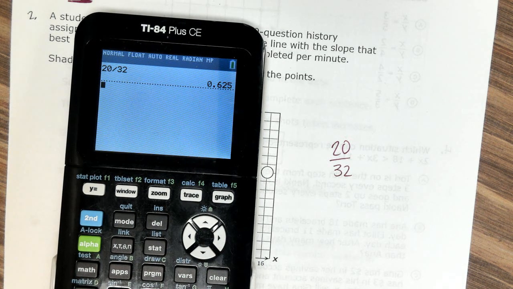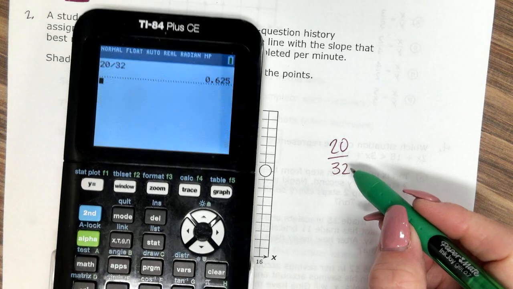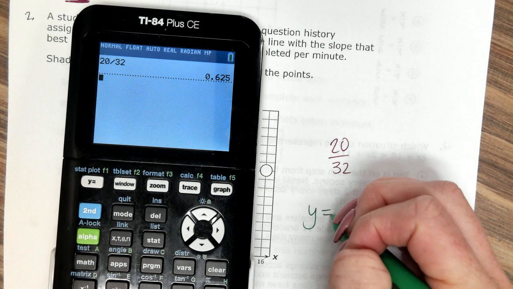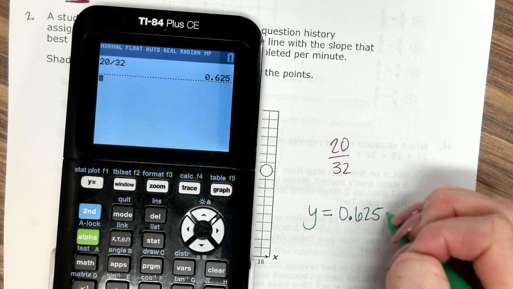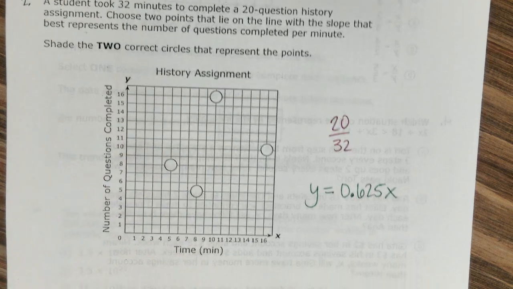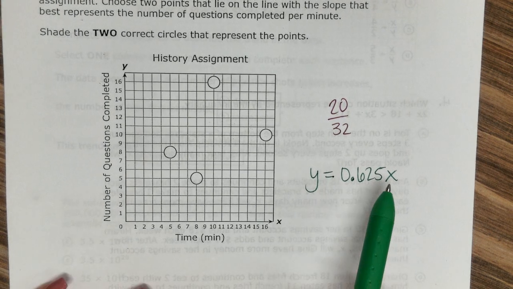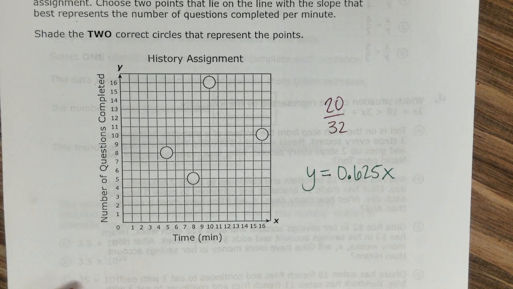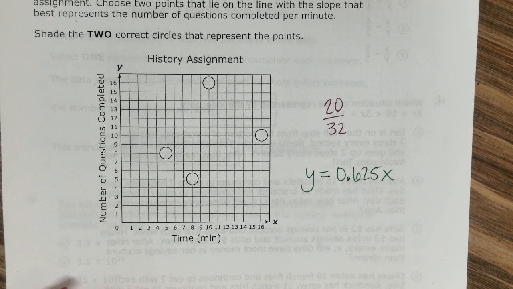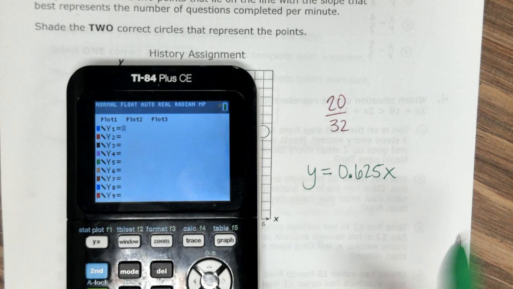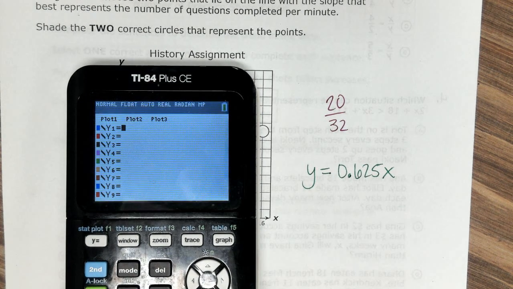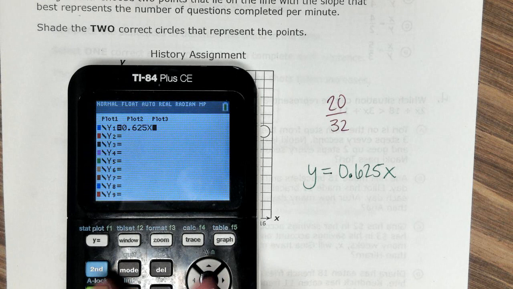I can write an equation. That's the slope. So my equation is y equals 0.625x. Now I can find as many points on this line as I want to by using my y equals button. So go to y equals and type in that equation, 0.625x.